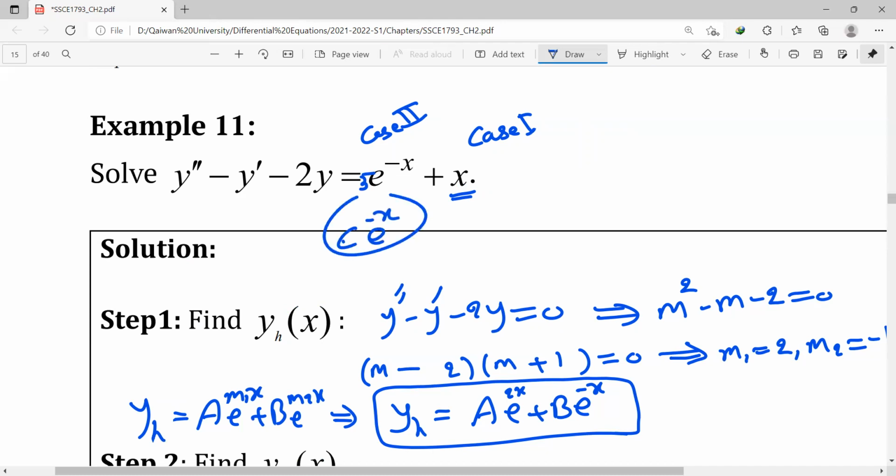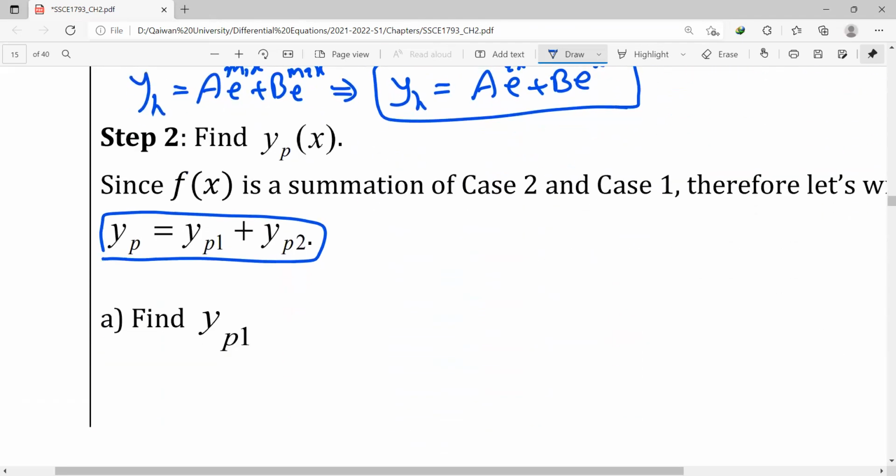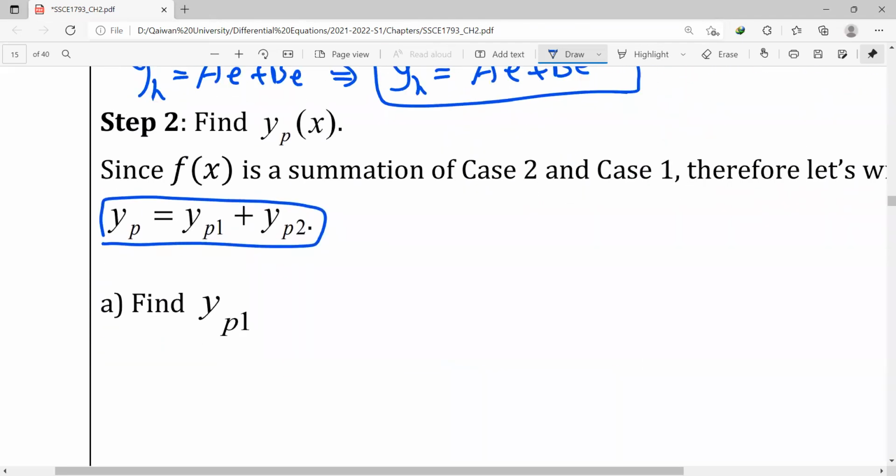This is the particular solution that we choose. Here it's 1. So we say let yp1 be c e to the power minus x, for r to be 0.